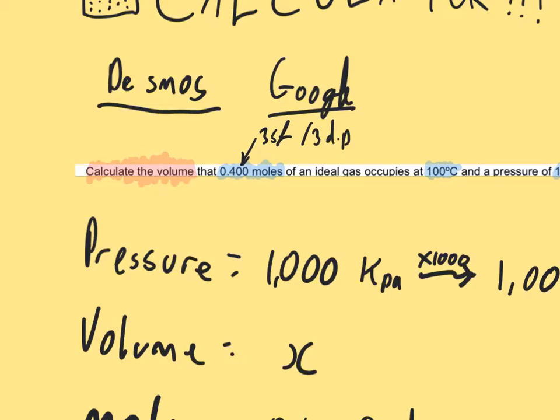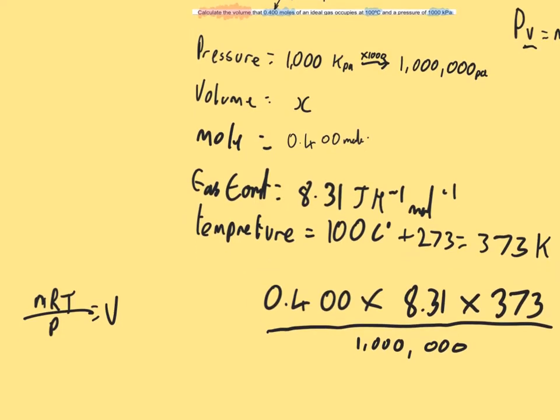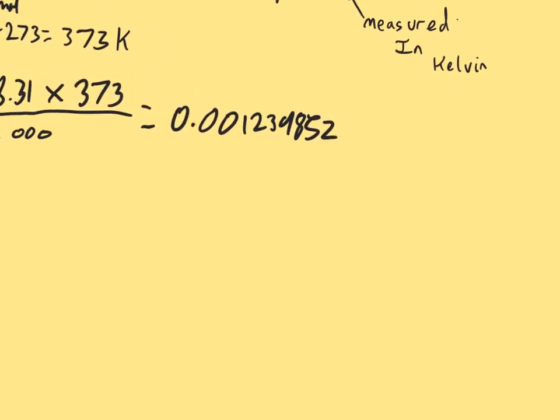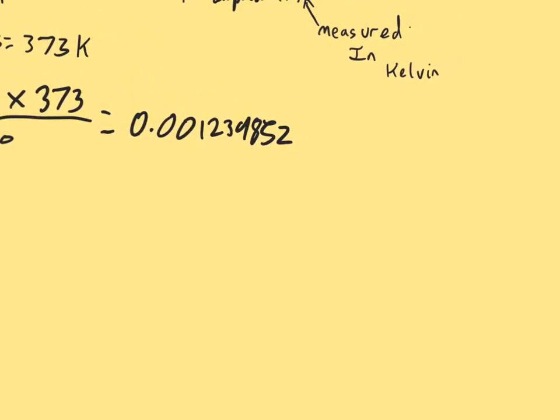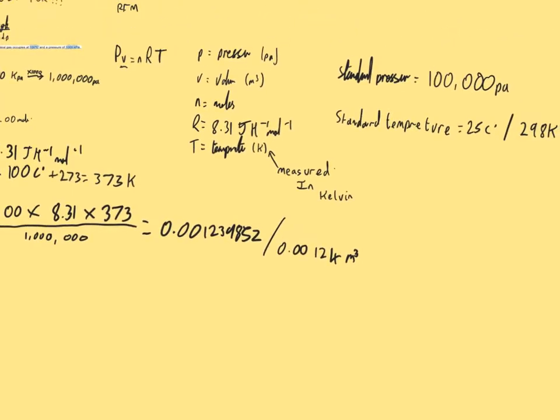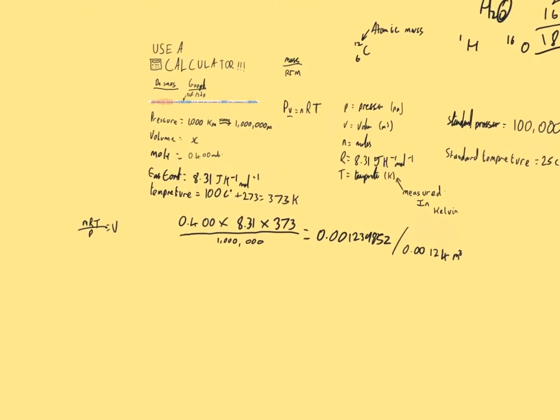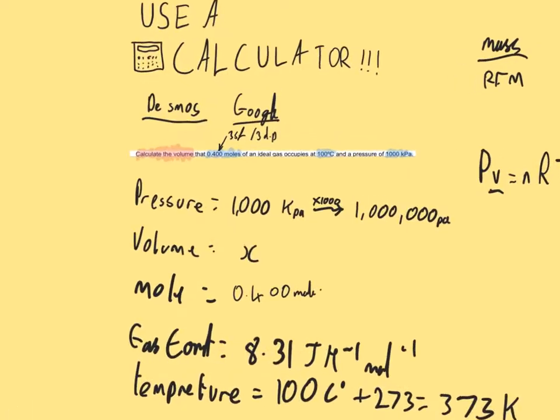In this case, I'm going to go to 3 significant figures. So this would go down to 0.00124 meters cubed. Volume is measured in meters cubed, as you can see there. So that's how you'd work out the volume.